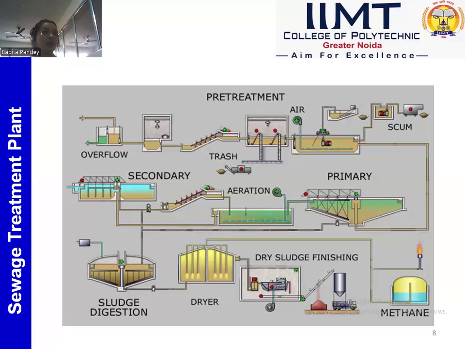Organisms need food and oxygen to multiply. Some of the oxygen is already present in the raw sewage. But we will put microorganisms in large amounts so that they can decompose more organic matter. So they need more oxygen, and they will ask for the demand that is known as biological oxygen demand.